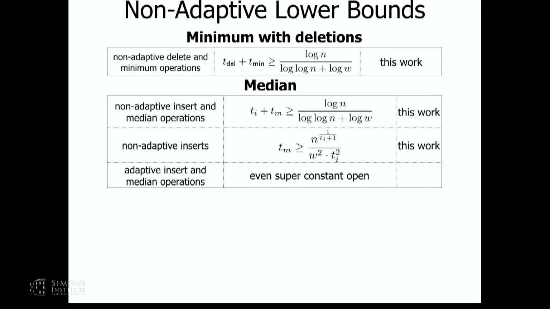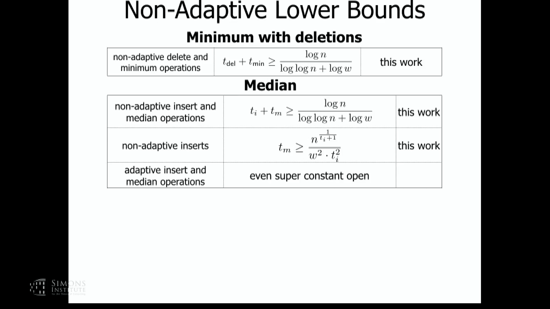In the case of median, we show that when both insertions and the median computation are non-adaptive, you can show a lower bound of log n over log log n on the sum of the time for insertions and the time for median computation.